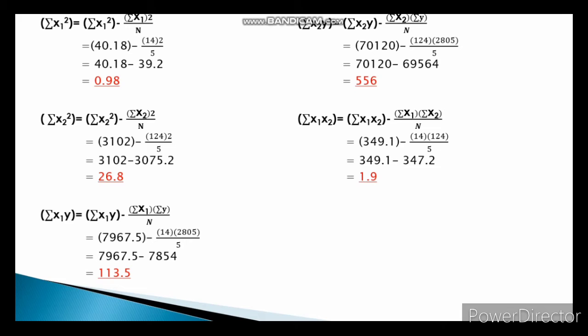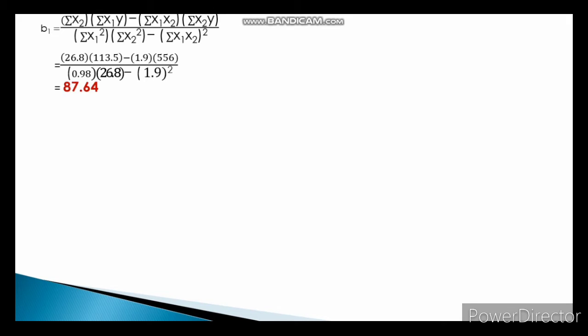Now, ngayon nakuha na natin yung mga value nila, pwede na natin isolve yung b sub 1 at saka b sub 2 natin. So, para sa b sub 1 natin, isa-substitute lang natin yung mga nakuha natin values sa summation of x sub 2, summation of x sub 1, y, and etc. So, ang makukuha natin value para kay b sub 1 is equal to 87.64.